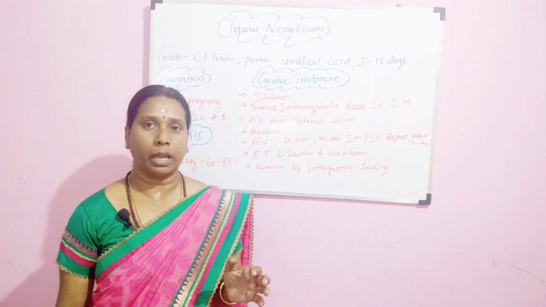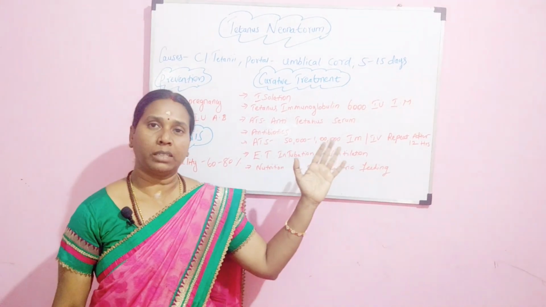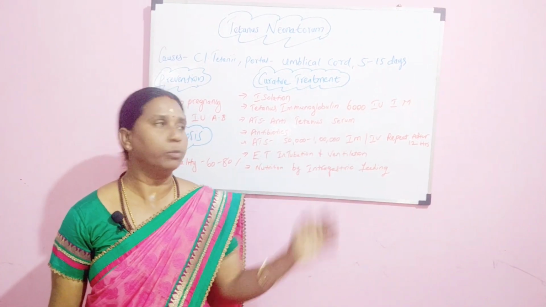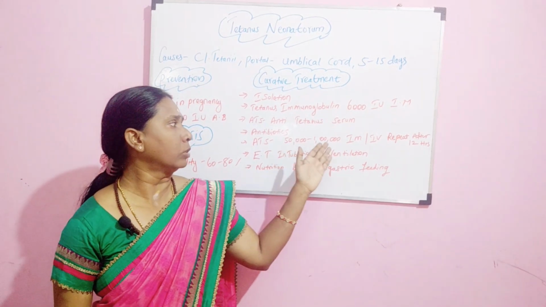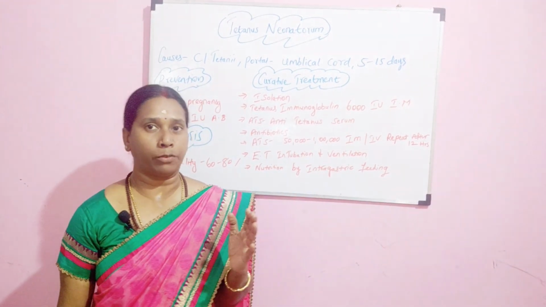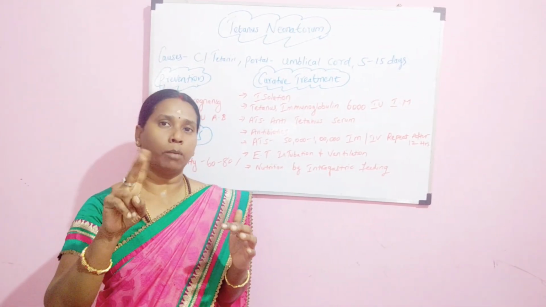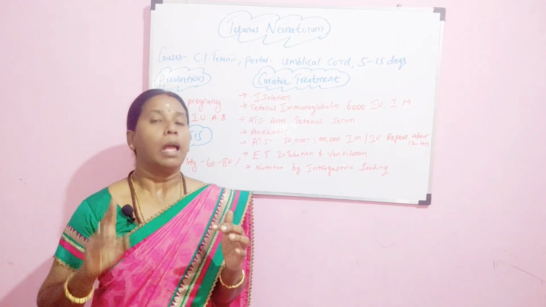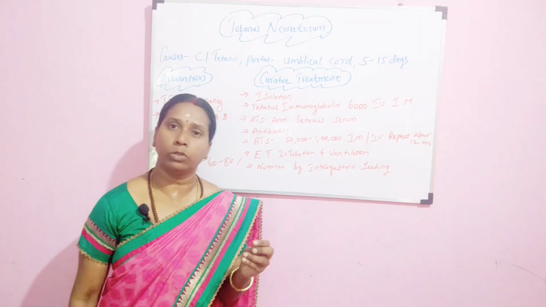Once your diagnosis is confirmed, you can give anti-tetanus serum. The dosage will be around 50,000 to 1 lakh international units, either IM or IV, in a 12 hour duration, that is a BD dose, and the maintenance dose has to be followed.